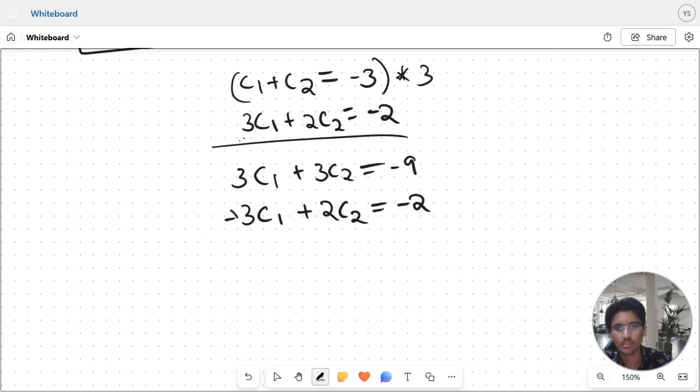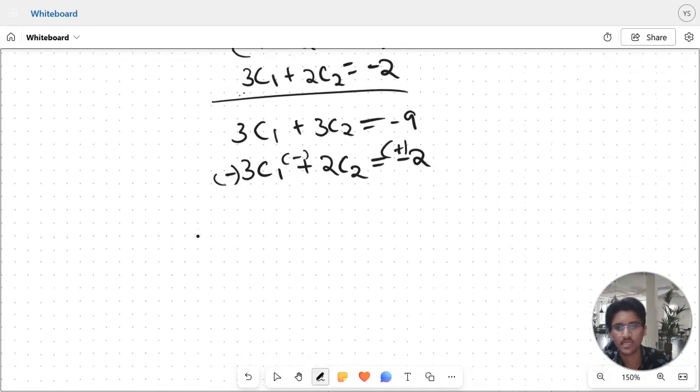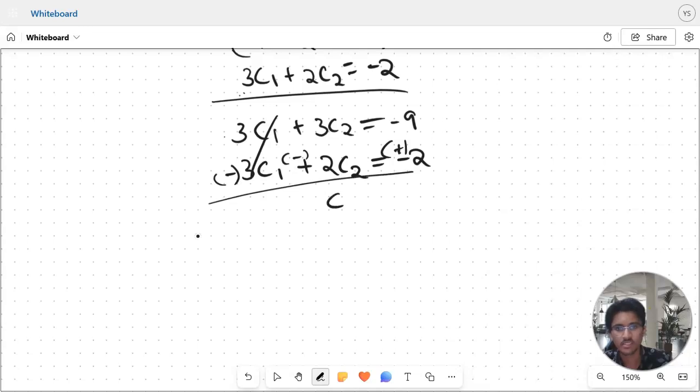Now what we could do is multiply the bottom equation by minus, which just changes the sign. Now you can see it has plus 3C1 and minus 3C1, so cross that out. 3 minus 2 is just going to give us 1 C2. -9 plus 2, because we changed the sign on the 2, gives us -7.